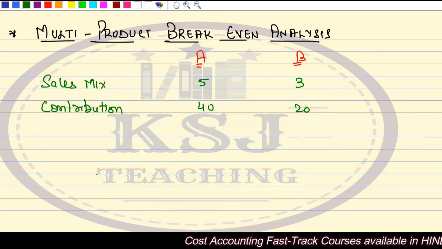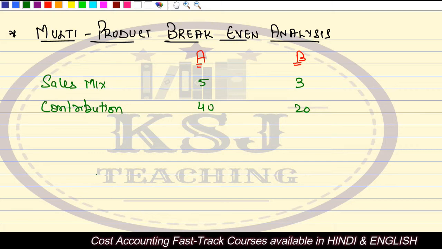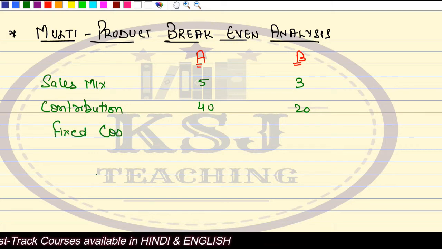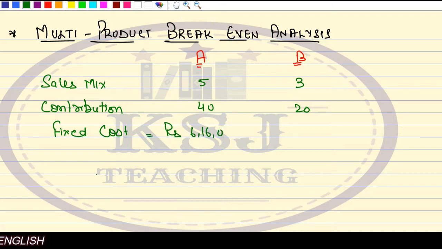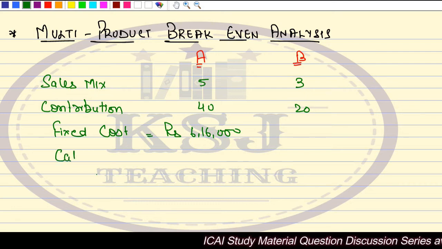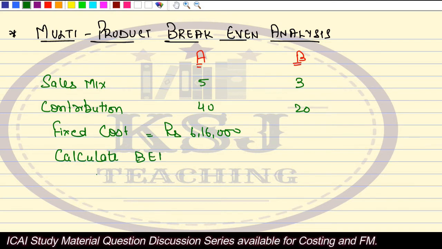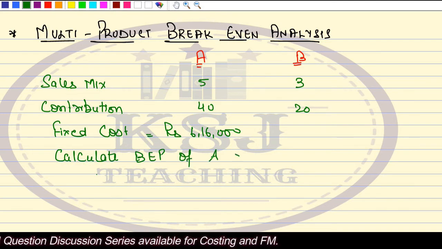And the fixed cost is given as rupees 6,16,000. Now, what is the problem? They say calculate break-even point of A and B.